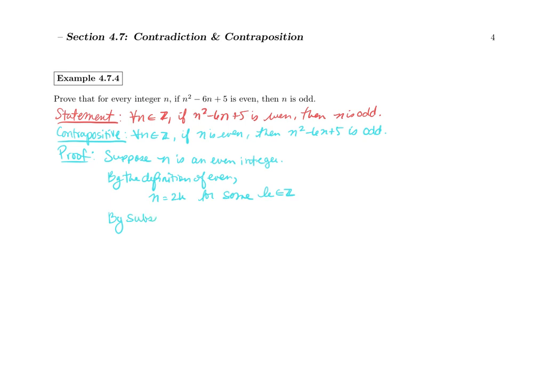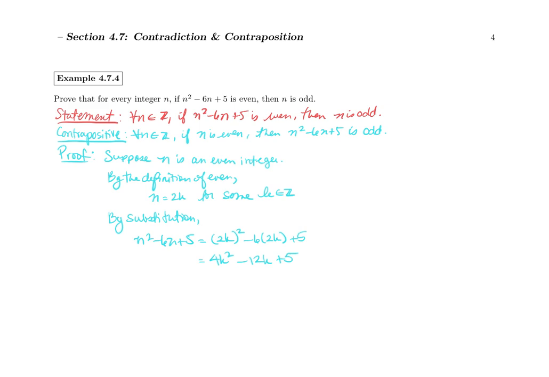And then by substitution, we say that n squared minus 6n plus 5 is now equal to (2k) squared minus 6 times the quantity 2k, plus 5, or 4k squared minus 12k plus 5.